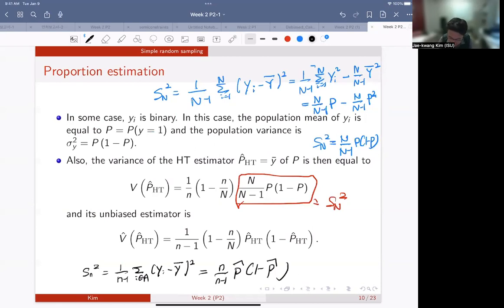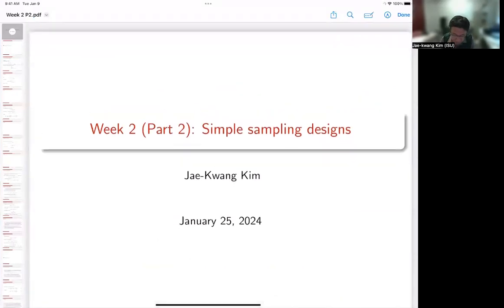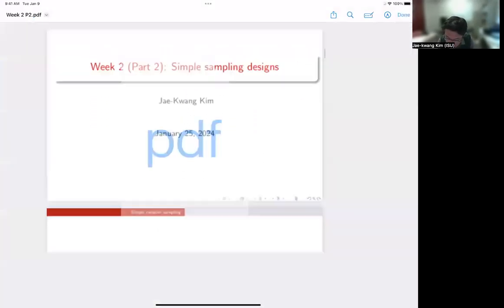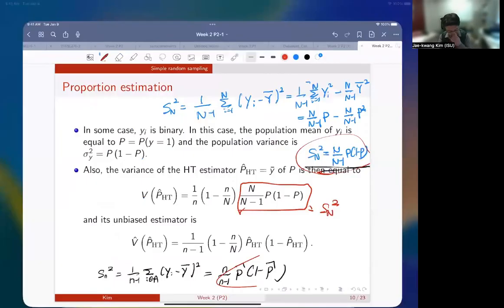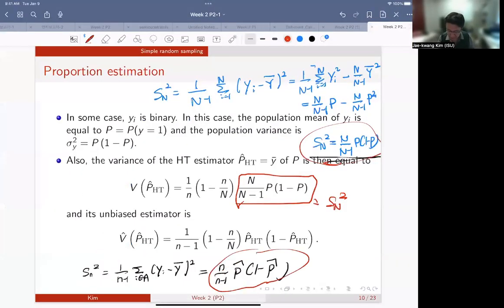See, this is a population version, right? This is a population version. This is a sample version. Sample version, population version. So here is the population size and the sample size. That's it. Then you get this variance formula. Okay.